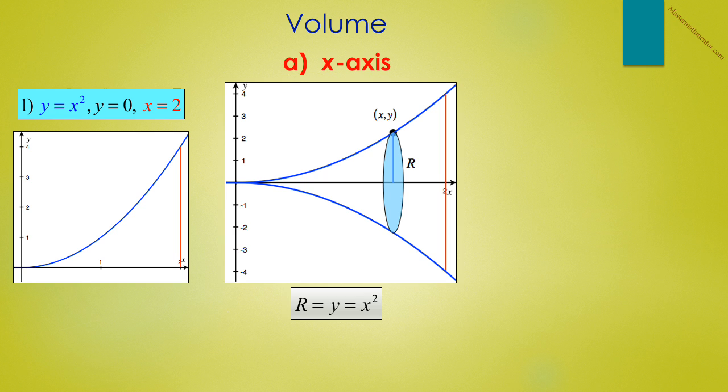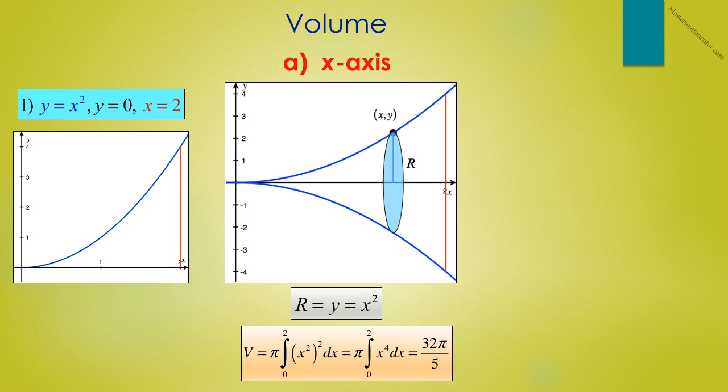So this vertical distance, capital R, is the value of y. But since this is a dx problem, because the rotation is about the x-axis, capital R must be in terms of x. So since capital R equals y, and y equals x squared, then capital R is equal to x squared.